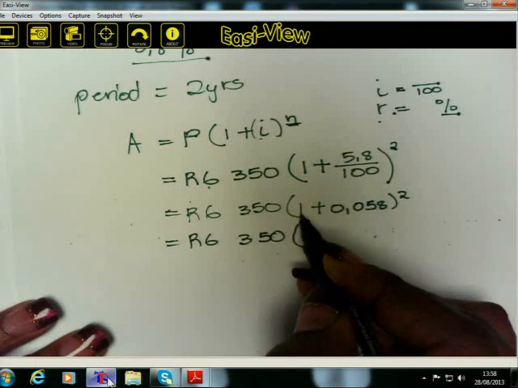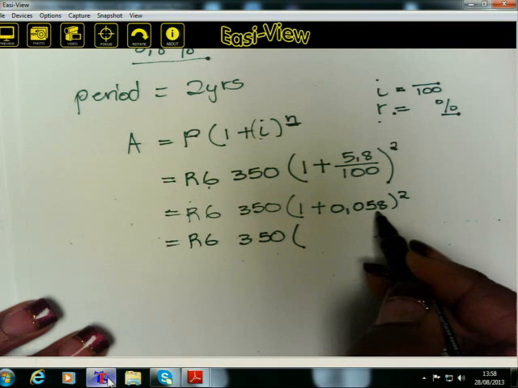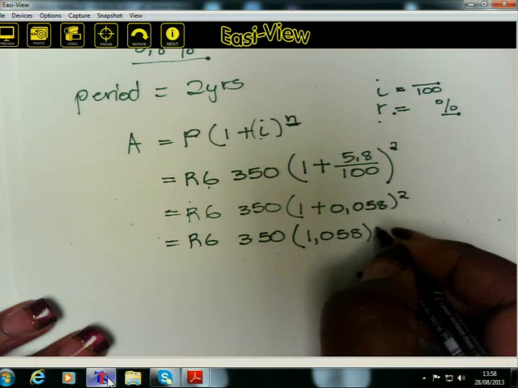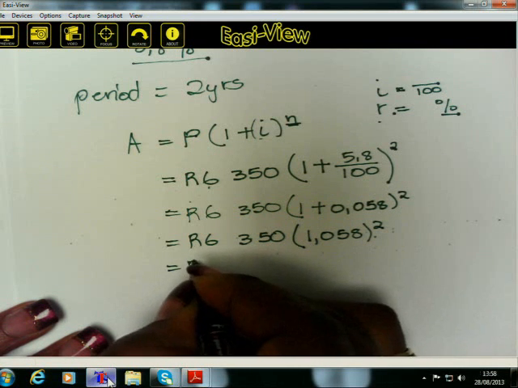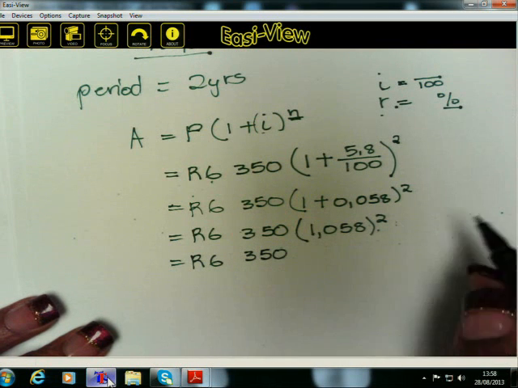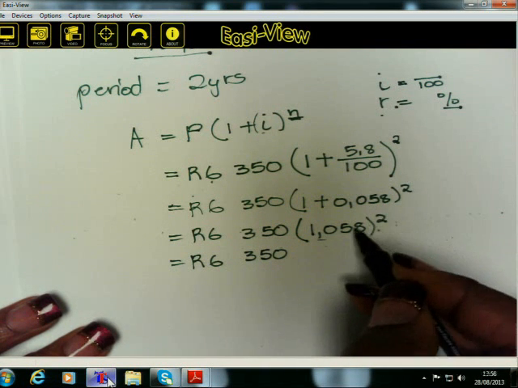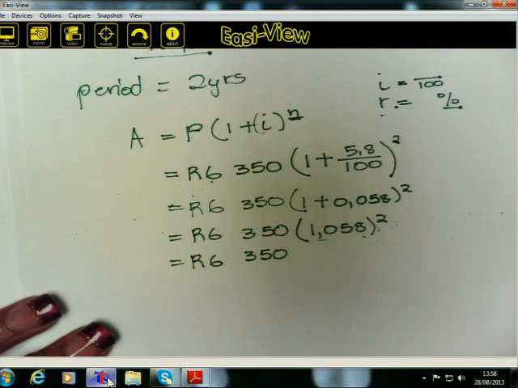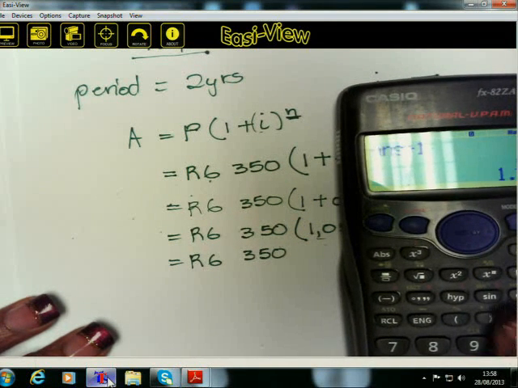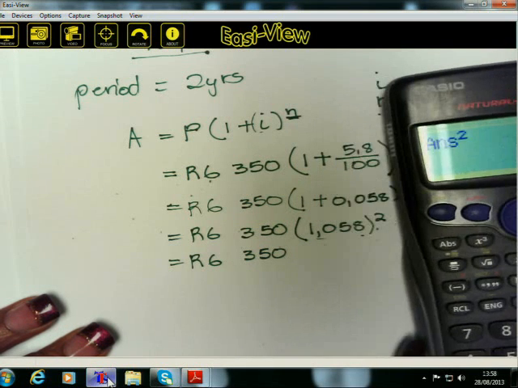We open a bracket, 1 plus that 0.058 will give us 1.058, and our exponent is 2. Let us again bring down the 6,350. This means we must multiply this 1.058 2 times, so we will square it as the exponent says there.